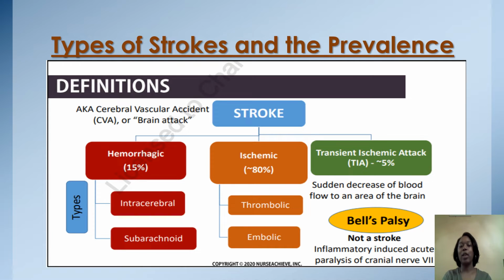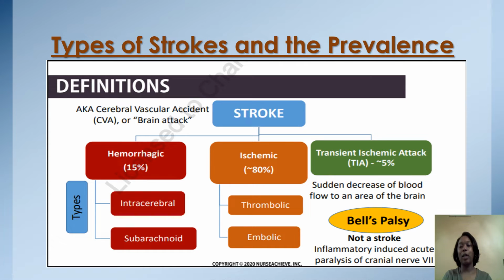This type of CVA is the most frequent type, and it is usually caused by an arrhythmia called atrial fibrillation, which is when the heart is ineffective when it contracts, and therefore clots usually form because the blood is flowing at a much slower rate and a stagnant pace.